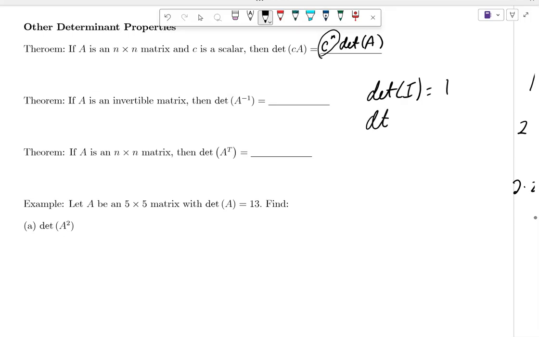What's another way? If I know that I have an invertible matrix, what's another way I can write the identity? If A is invertible, it's A times A inverse, good, right?